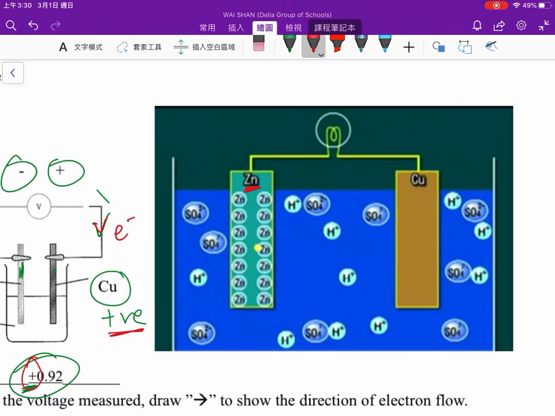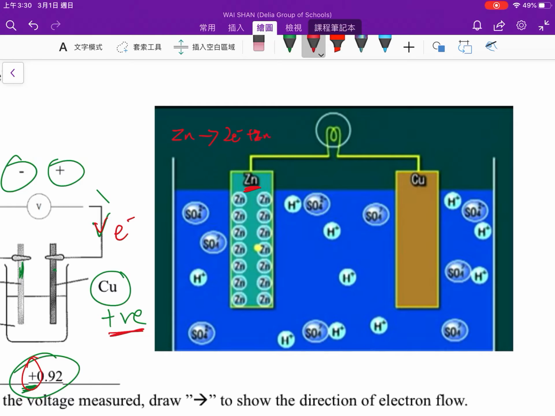So this is zinc foil, which is made of zinc, and then the zinc loses electron. So what do you think happened on zinc so that it can lose its electron? Oxidation is taking place, right? Because OIL RIG, oxidation is losing electron. So zinc can only lose its electron to form zinc ion.